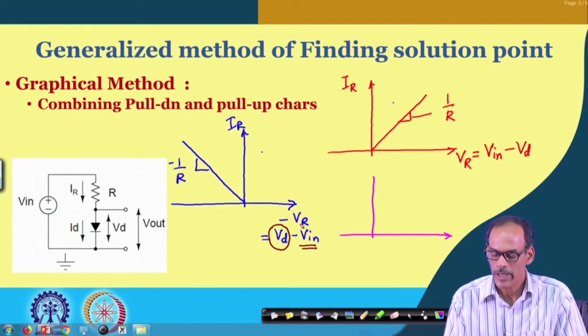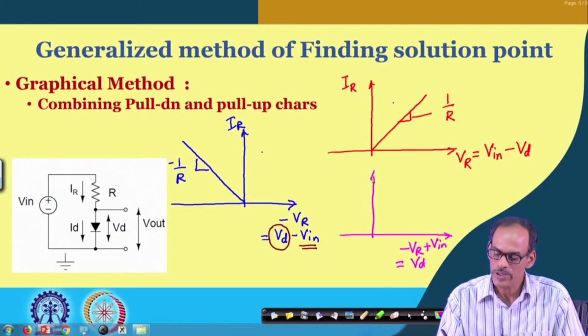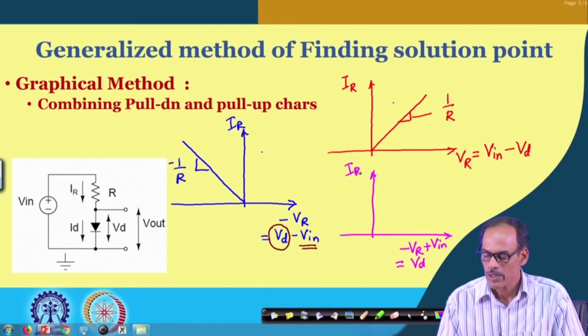With this minus V r, if we add V in, that means along this x axis, minus V r plus V in eventually comes to V d, and let us retain this y axis as I r. So, yes, we obtain this V d.